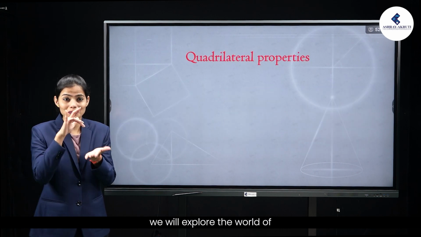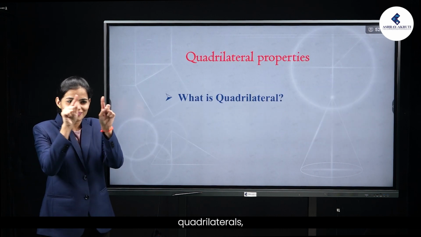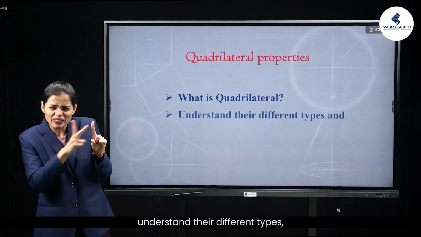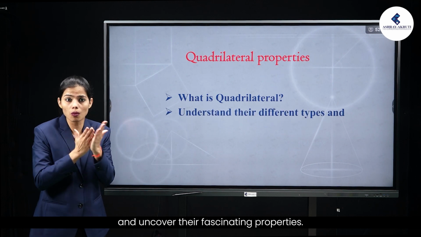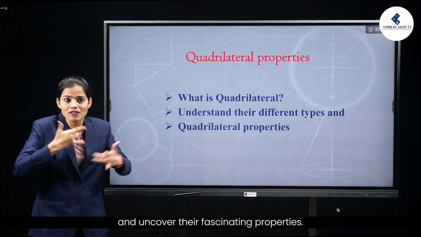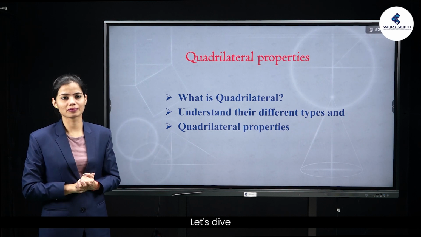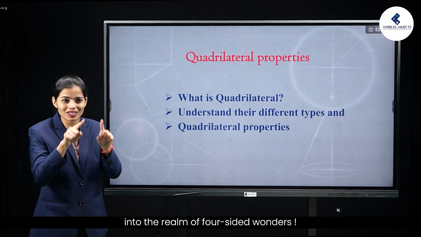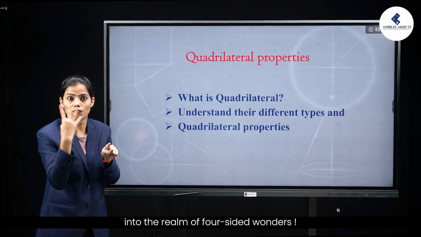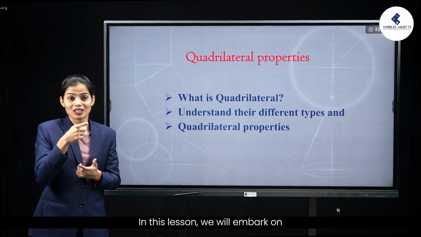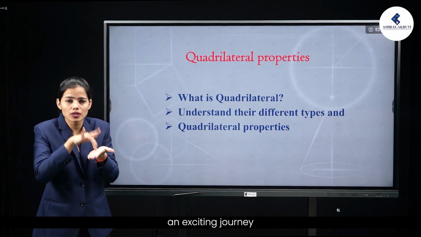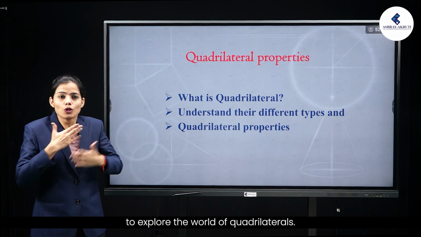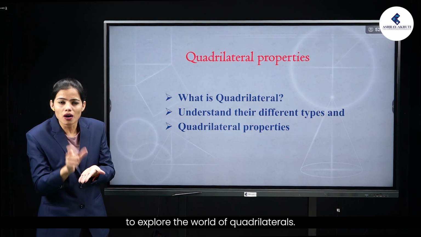In this lesson, we will explore the world of quadrilaterals, understand their different types and uncover their fascinating properties. Let's dive into the realm of four-sided wonders. In this lesson, we will embark on an exciting journey to explore the world of quadrilaterals.